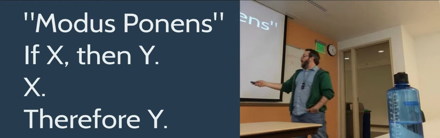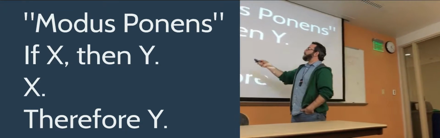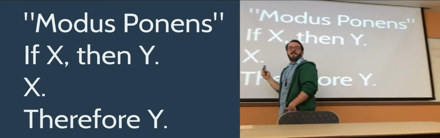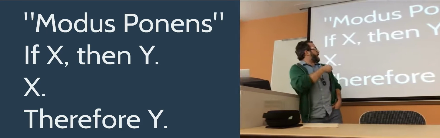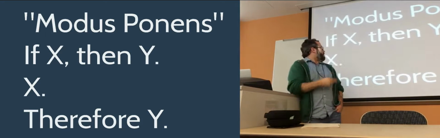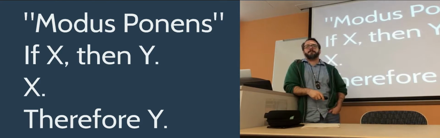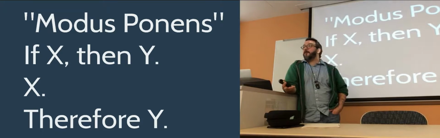The only way that y could be false is if at least one of my premises is false. It would have to be false that if x, then y. It would have to be false that x is the case. Might try it out like something like this. If it rains, then I'll bring my umbrella. It rains, therefore, I'm going to bring my umbrella.